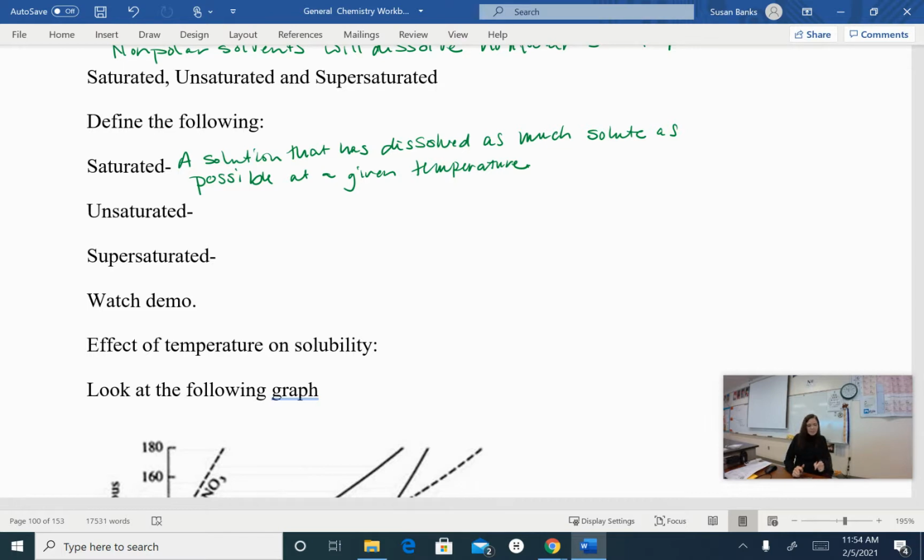So if that's saturated, what does unsaturated mean? Okay, un means not, right?